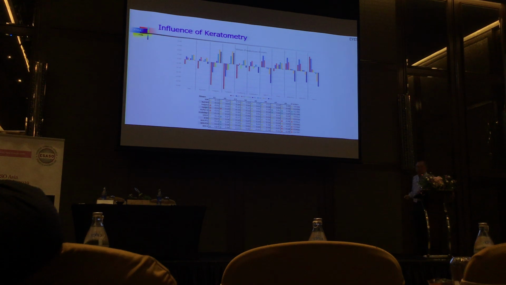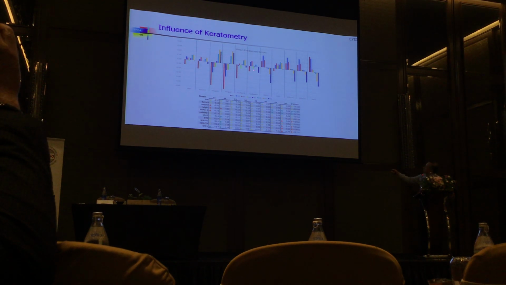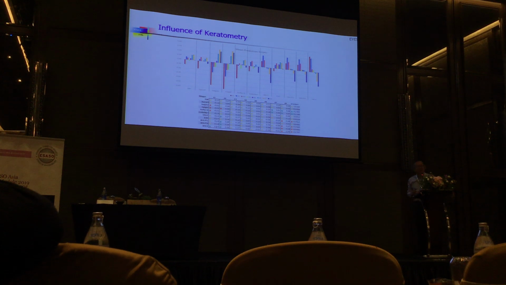How about keratometry? The same data set. You can see there's a trend, there's a trend, there's a trend. Evo has no trend, there's a trend, and small. This is not so much of a trend for the Holladay 1. Alpha Q, not so much of a trend, it's up, down, up, down. Haigis now has a terrible trend with keratometry. I mean, the steep cornea, the flat cornea, steep more than 46, flat less than 42, should not use Haigis at all.